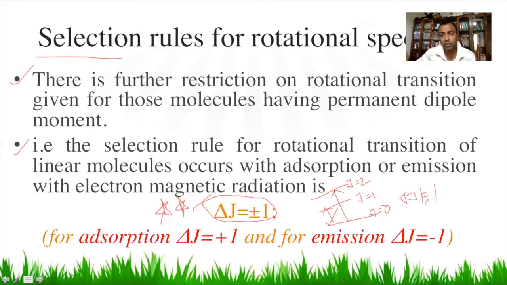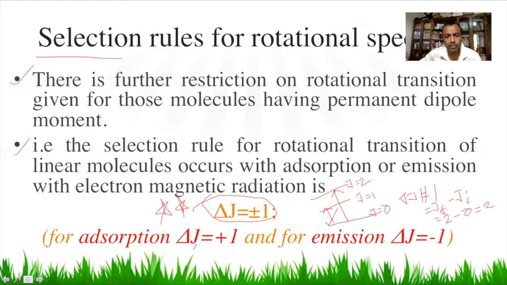Why? J final minus J initial: J final is 2, J initial is 0, so 2 minus 0 is equal to 2. So del J is not equal to 1. That's why not all transitions can lead to rotational spectra. The criterion is that del J must be either plus 1 or minus 1. So just remember that del J value should be plus or minus 1.